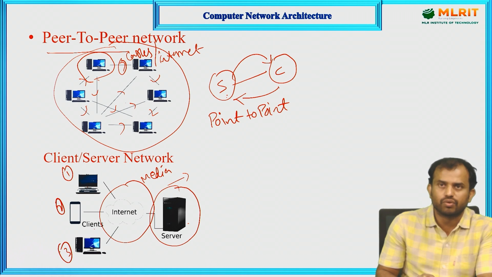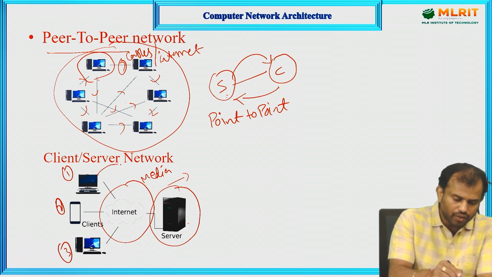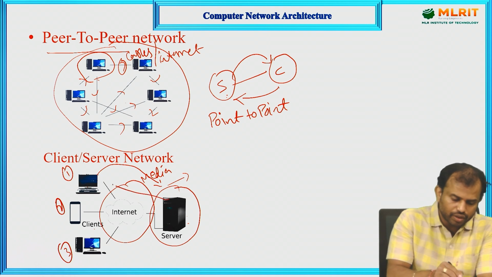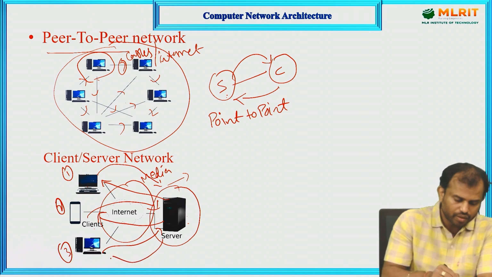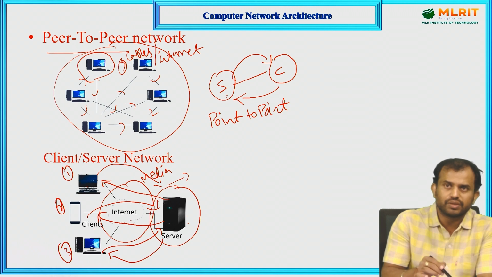The client sends a request, and the server gives a response to the respective client, request, response, request, response. So the resource sharing should be very strong between these clients.